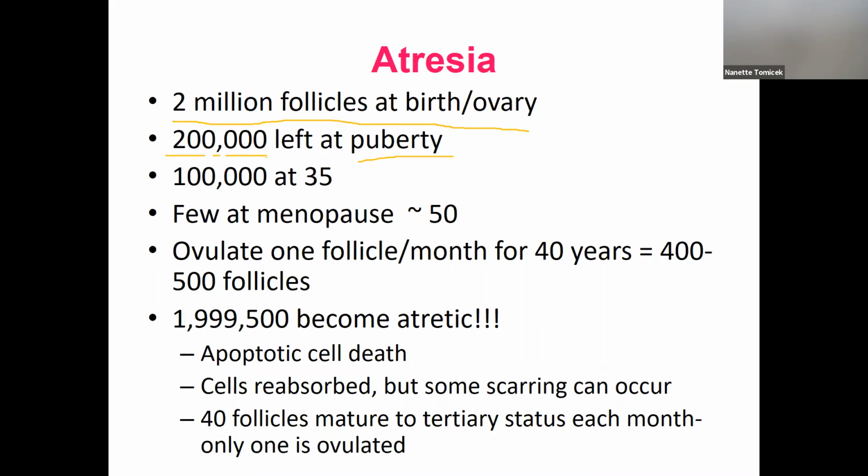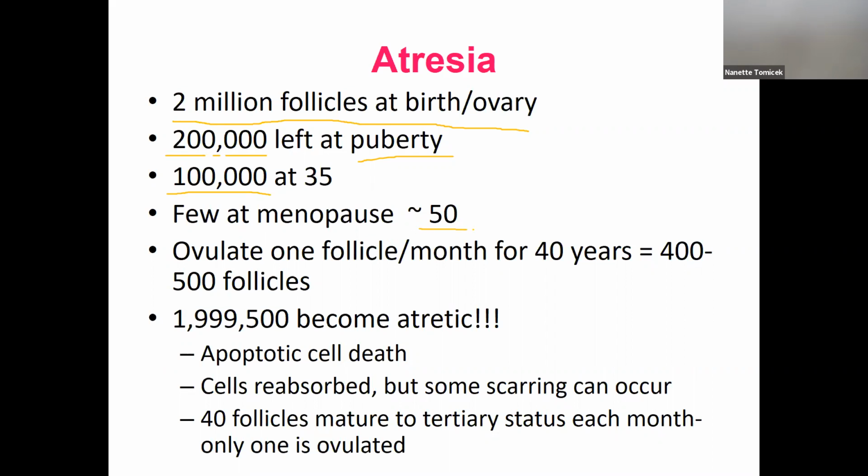Right, 200,000 are left at puberty. Now, at puberty, you enter your reproductive years, ovulation starts to happen. And then at 35, we've only been about halfway through our fertile years, and yet half of our follicles again are now gone, so we're down to 10,000.